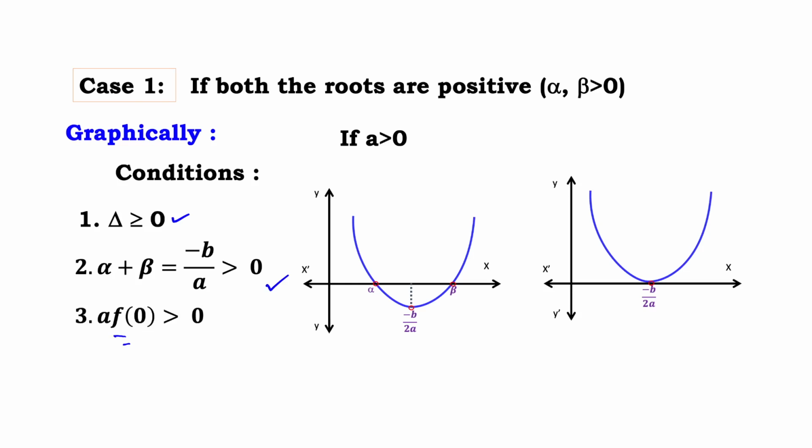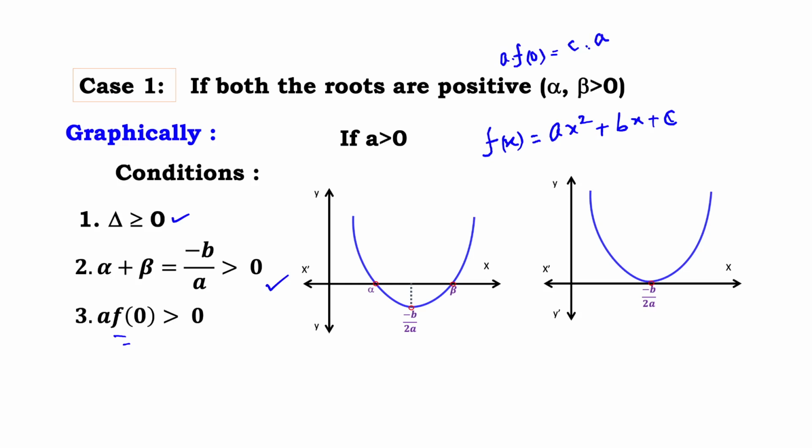The quadratic is given ax square plus bx plus c, and this quadratic is represented as f of x. Now, if you are putting x is equal to 0, you are getting f0 is equal to some constant c, multiplying with a, so a into c, the sign of a and c.